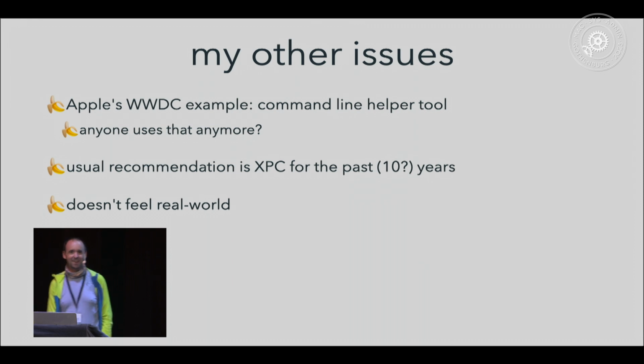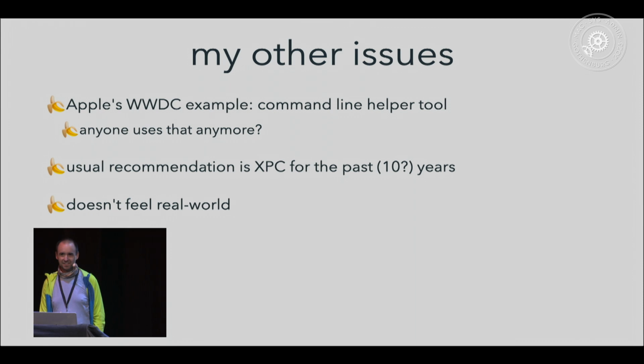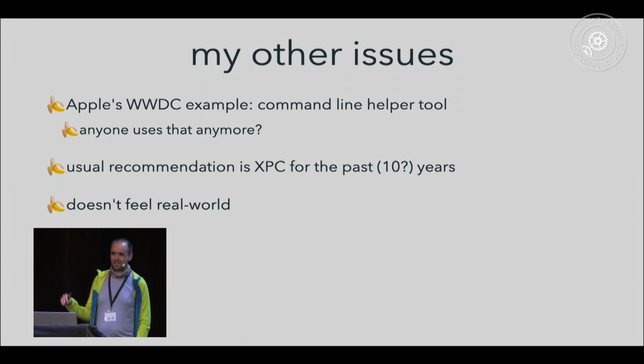My other issues with Apple's WWDC talk. They showcase a command line helper tool that your application uses. Now, hardly anyone really does that nowadays, and I'm not speaking about a command line utility you supply with your application for configuration, but an actual helper tool.